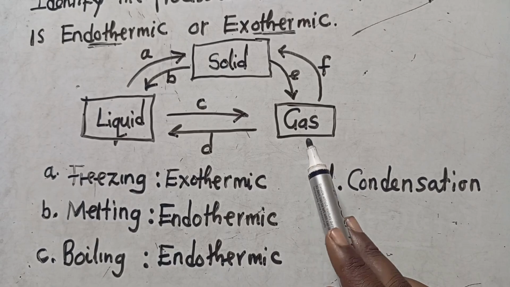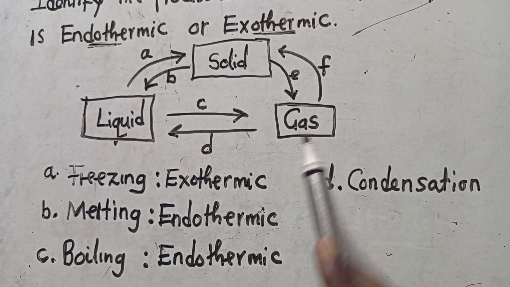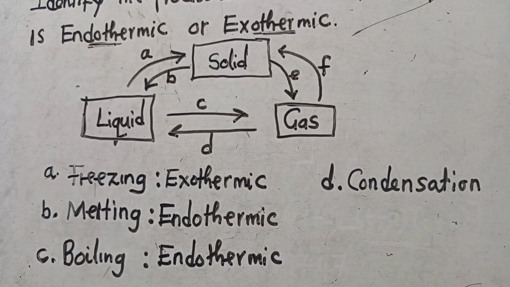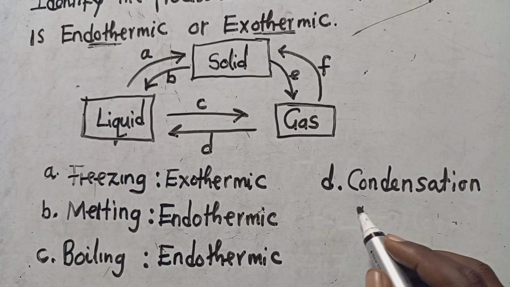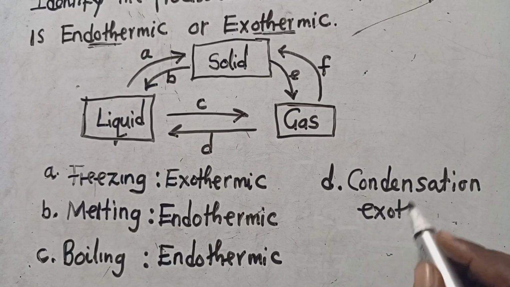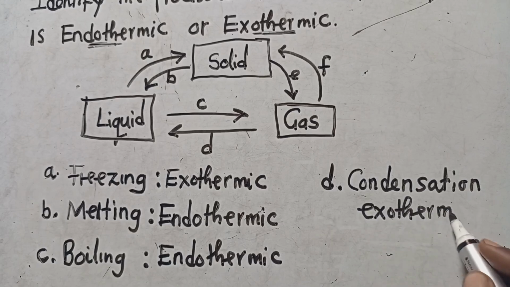Gas changing to a liquid, this one is exo. For condensation to take place, heat must be released to the environment. So it is an exothermic reaction. This is what you need to know and understand.